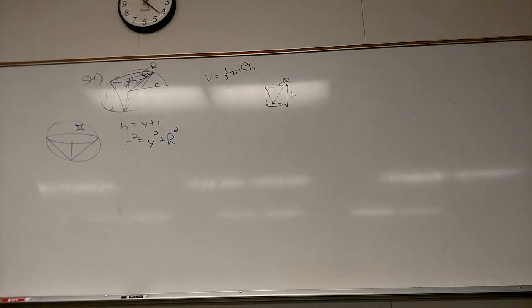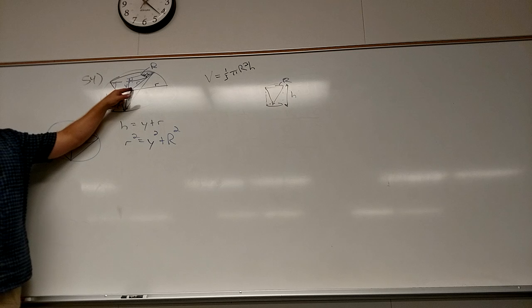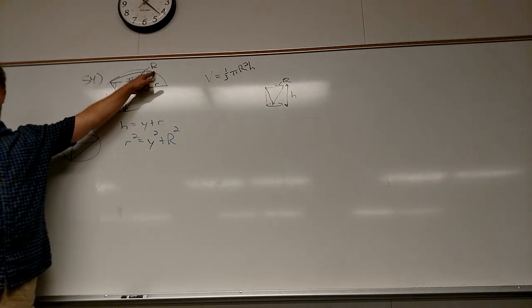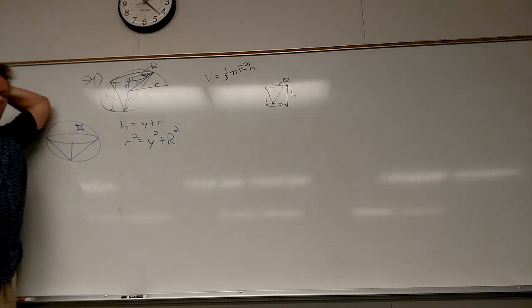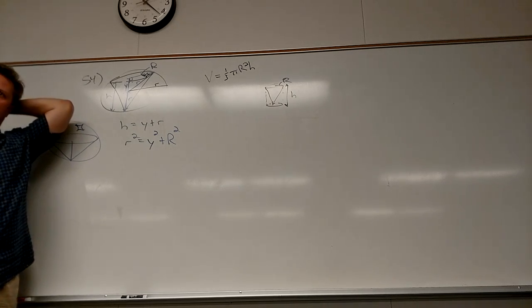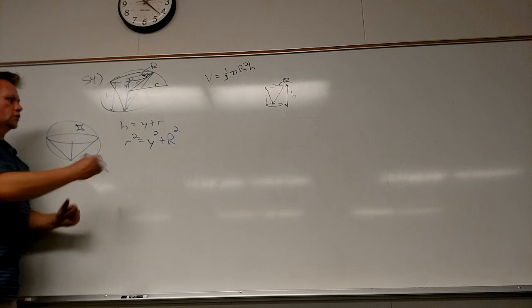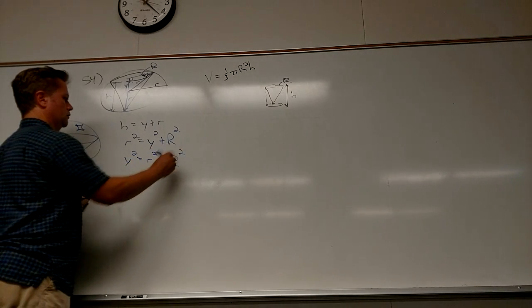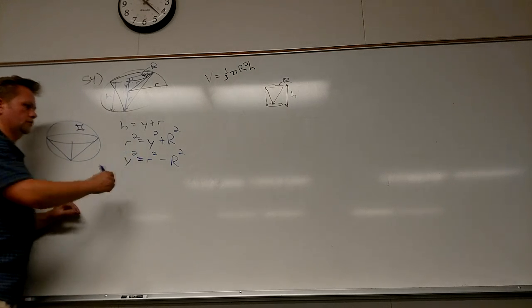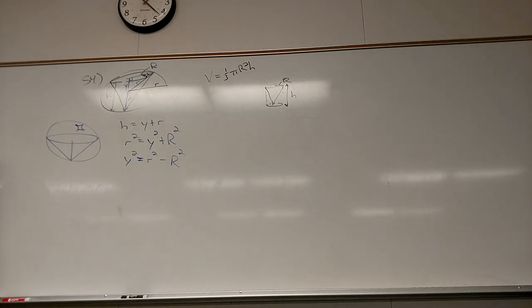That's a relationship from what I've drawn. And how did I pick where to put that radius? Right at the edge of the cone, of course, so it was related to that cone's radius. I like it. So then y squared equals r squared minus big R squared, for example.